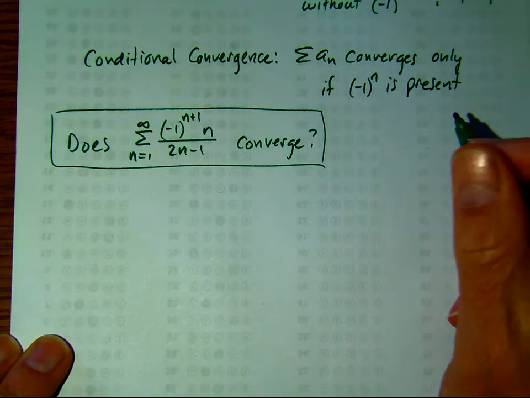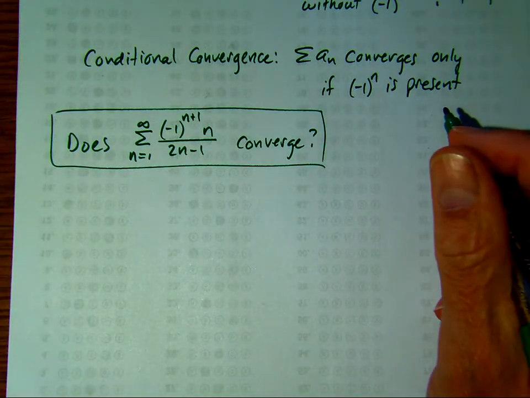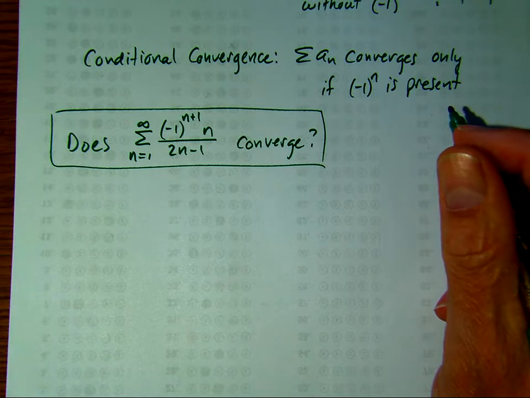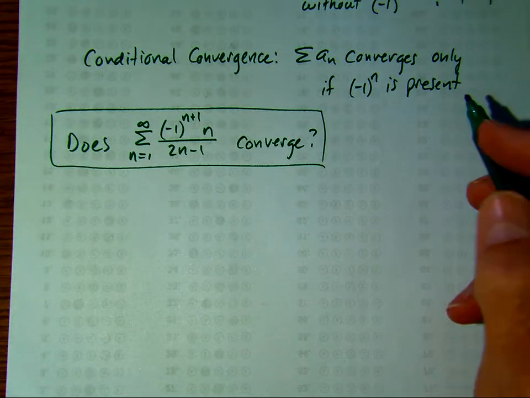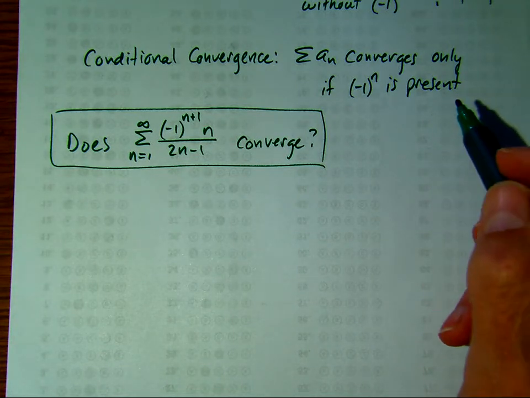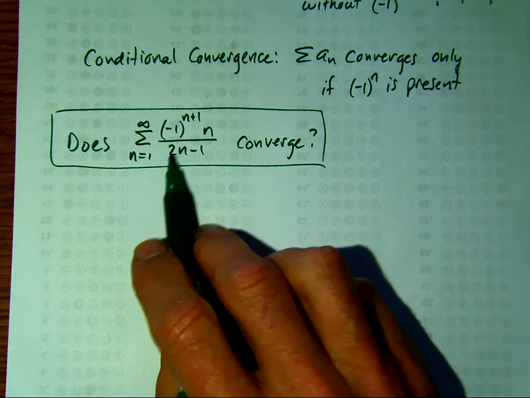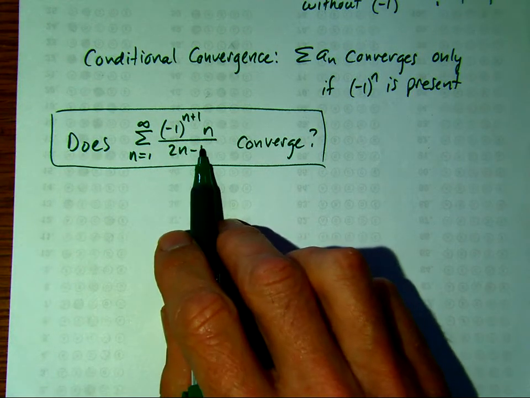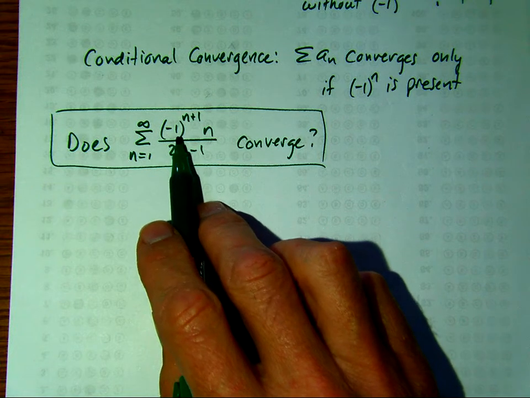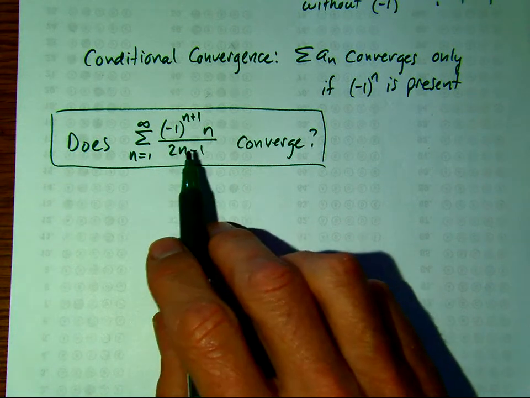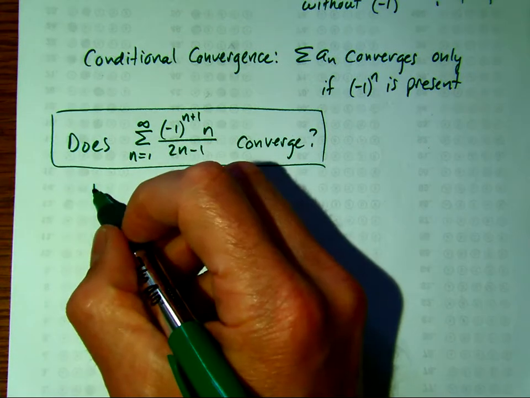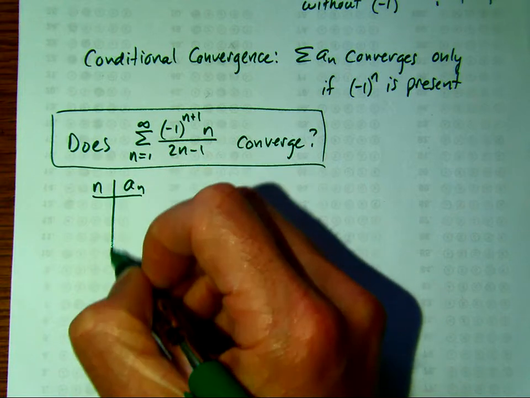All right. Does this converge? We have to look at the conditions. It has to be positive. The sequence n over 2n minus 1, ignoring the -1, has to be positive. So we do have positive values there. Let's look at some values of the sequence.